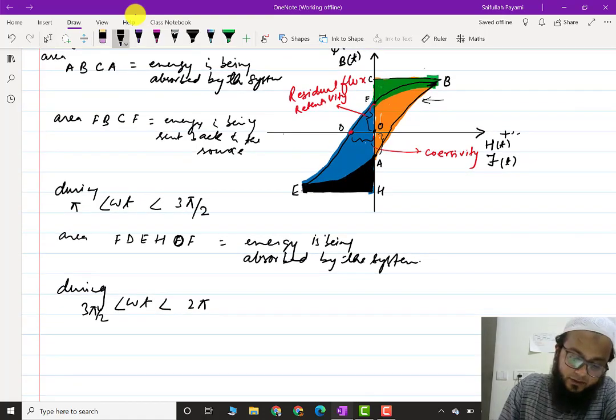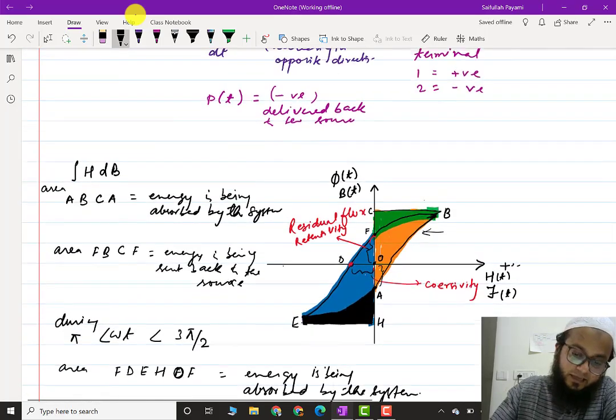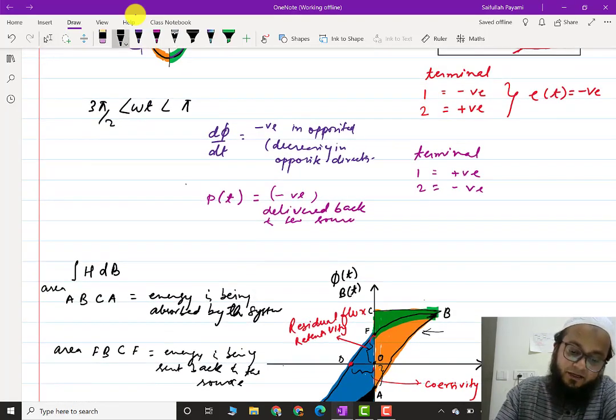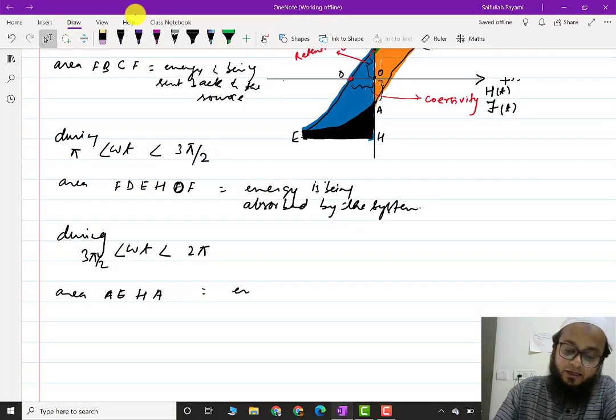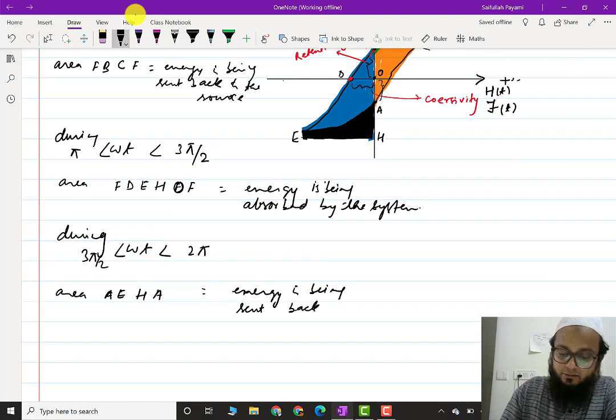So the area equivalent to A, E, H, A is the energy, because you can see in this fourth cycle we have p(t) negative, that is, power is being delivered back to the source. So obviously this area would be the energy being sent back to the source.